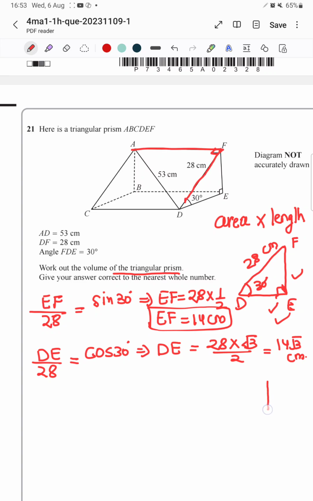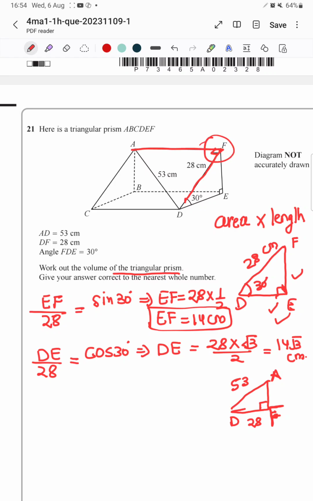And when this angle is given as a right angle here at E, this is A and this is D, we need to find AE. No, sorry, this is D and this is F. So we need to find AF, and this is given as 53 and DF is given as 28. This is very important to understand.